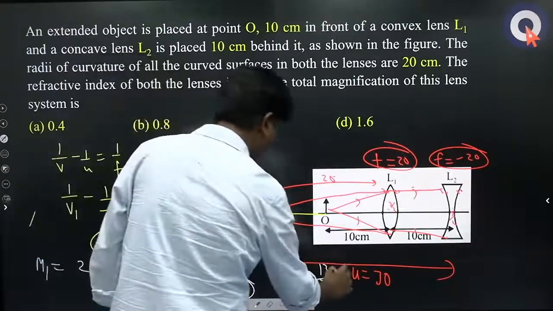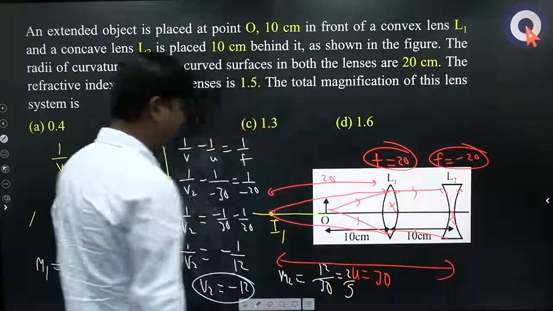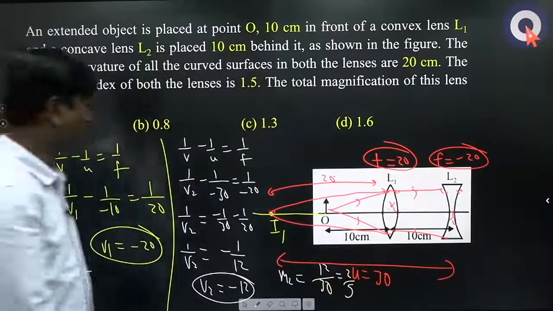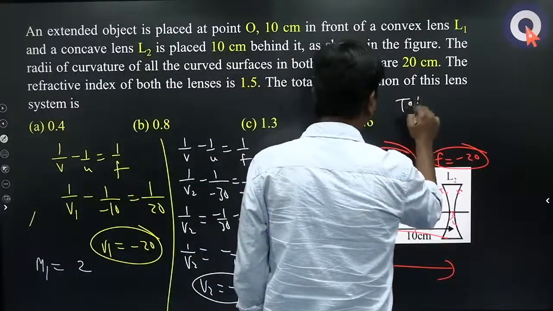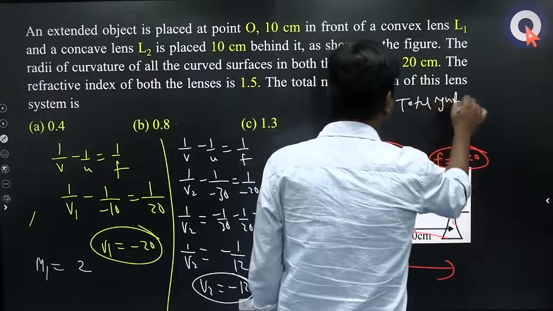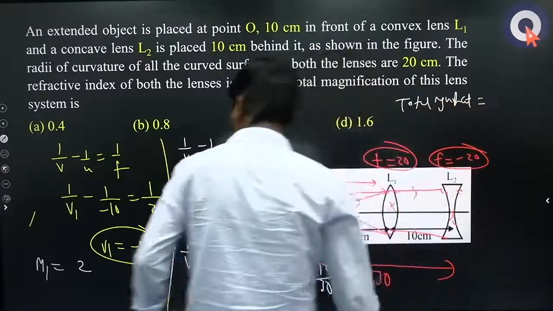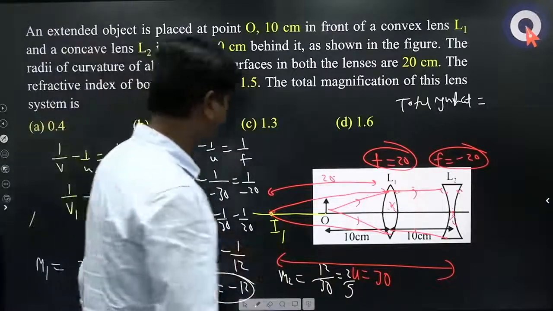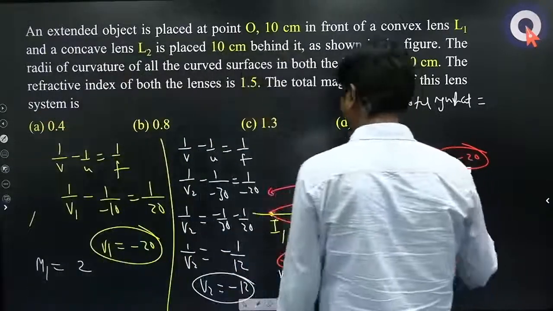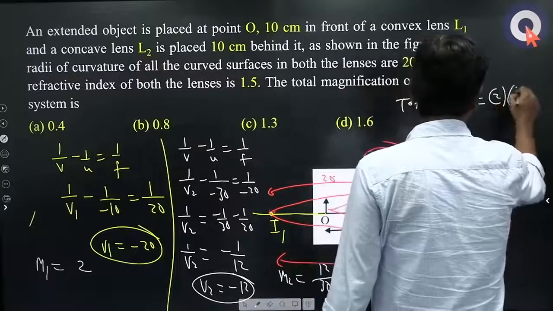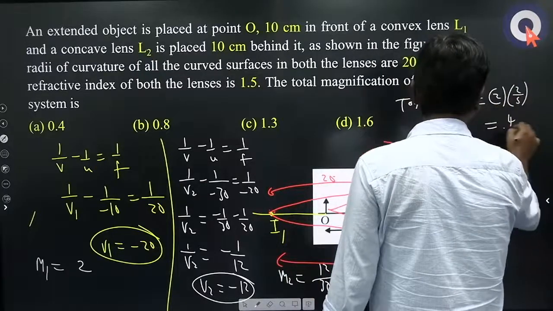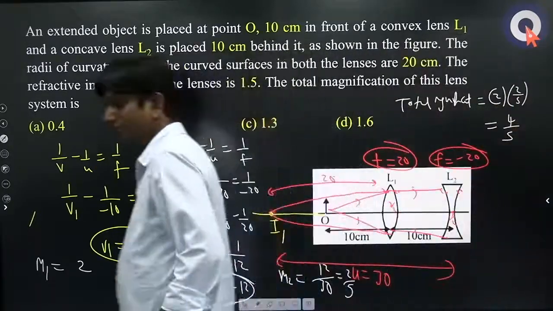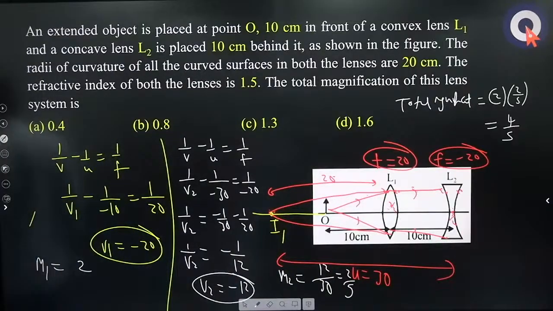So 2 by 5 magnification. So total magnification is m1 into m2. m1 is 2, m2 is 2 by 5. So total magnification is 2 into 2 by 5, that is 4 by 5. Okay, so 4 by 5 we are getting, which is something like 0.8.